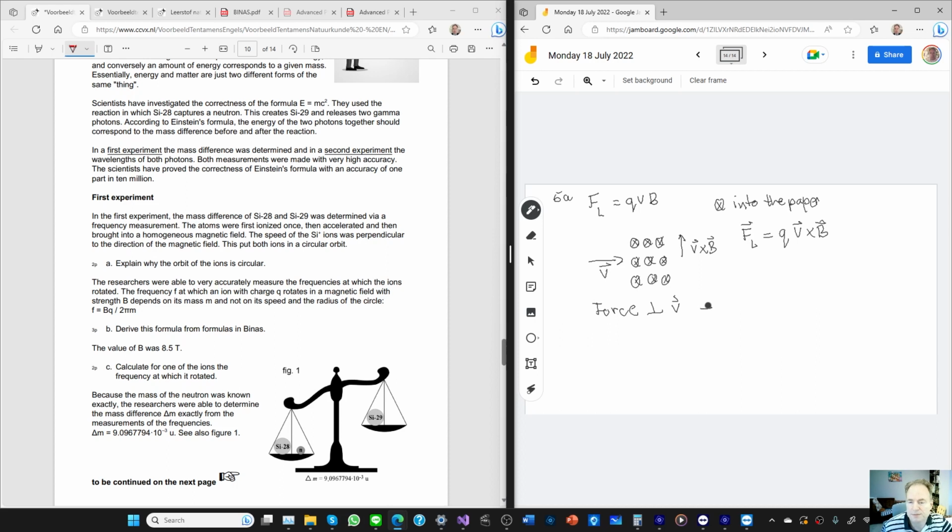So this will give rise to a circular motion. And this B field in this area also is assumed to be constant, always pointing down into the paper.